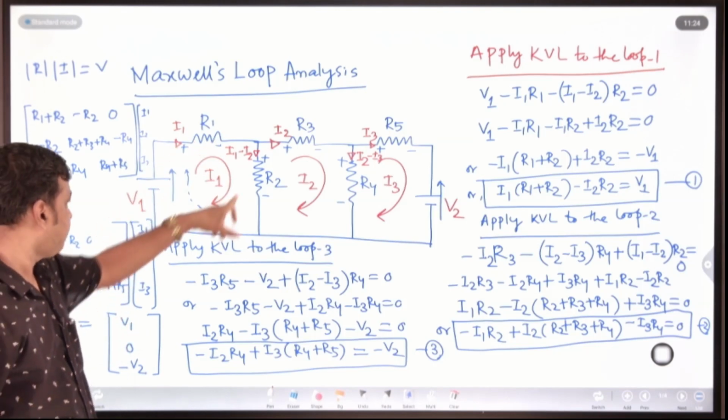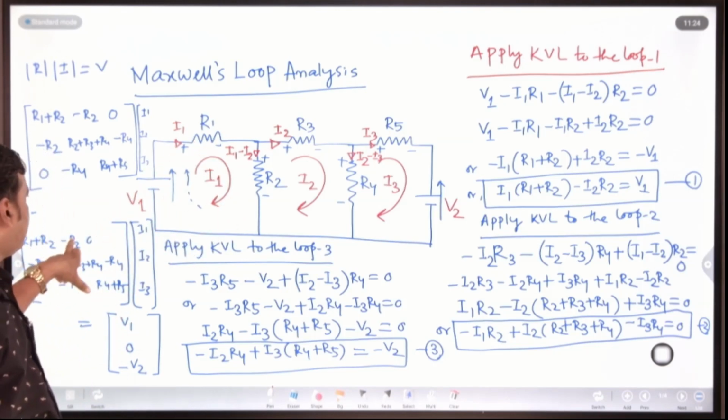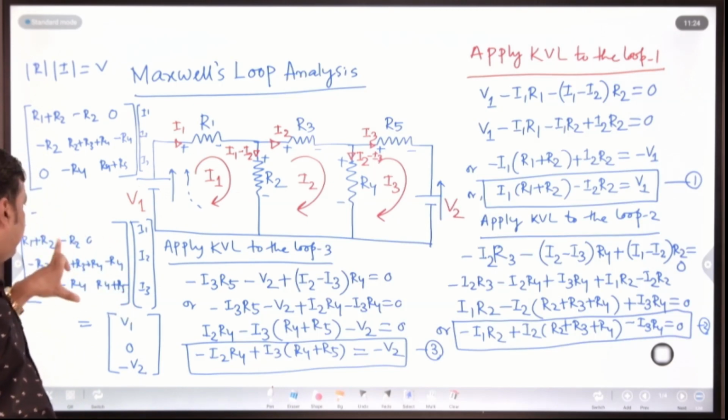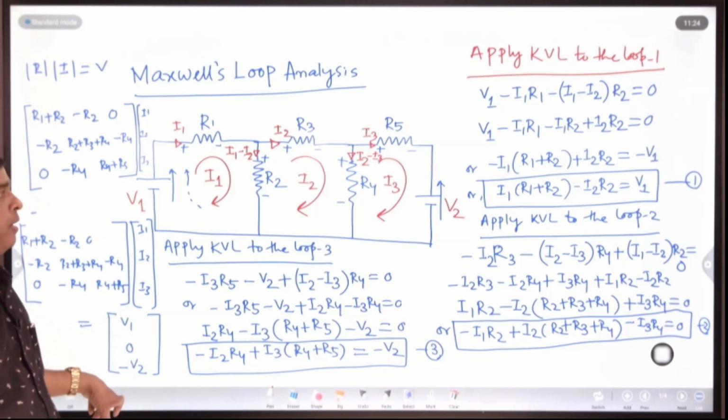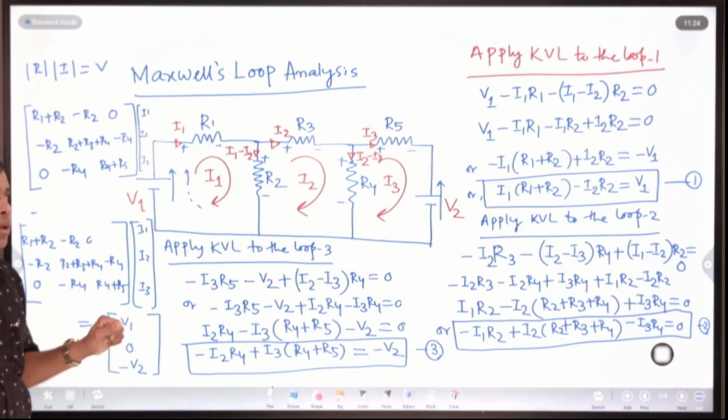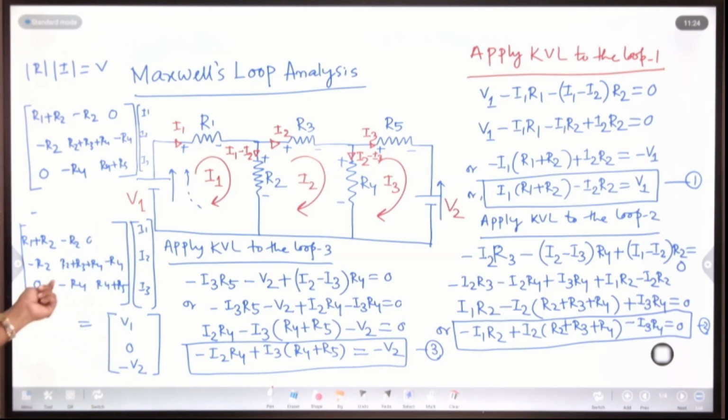So first this is R11, R12, R13, R21, R22, R23, R31, R32, R33. Net voltage in the loop 1, net voltage in the loop 2, net voltage in the loop 3. But you have to be careful with the sign convention.